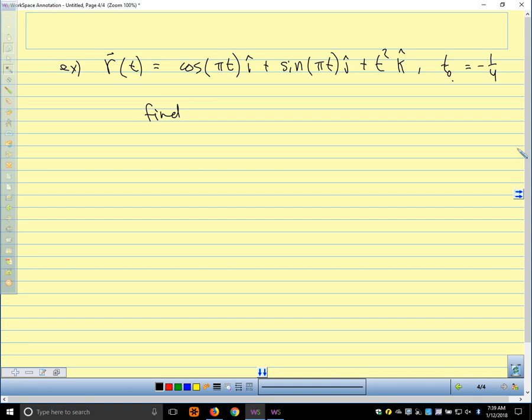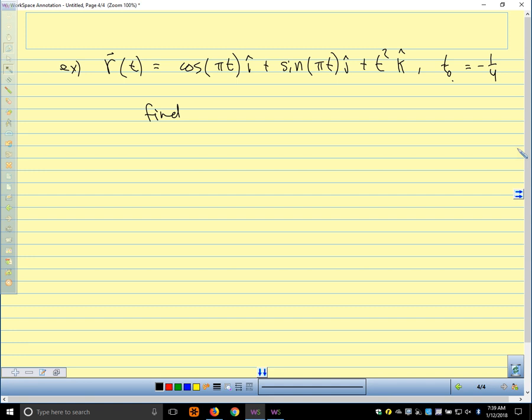What kind of curve is this? Yeah, this is a helix. We get circular motion. We get it moving along a cylinder. And this is going to give us the motion along the z-axis.